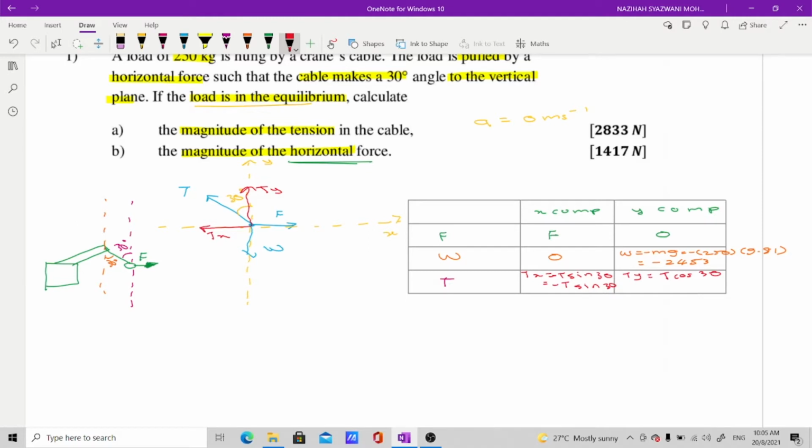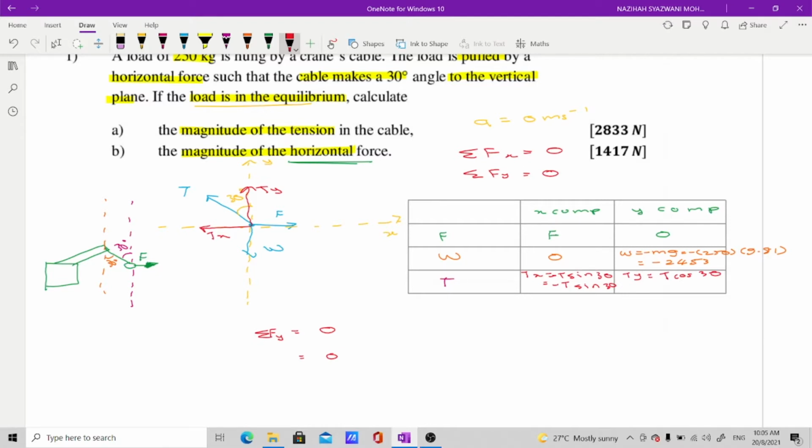Again, it is stated that the load is in equilibrium. Therefore, summation Fx equals 0, summation Fy equals 0. Let's use the y component first. For the y component, we have summation Fy equals 0, so let's put here 0.